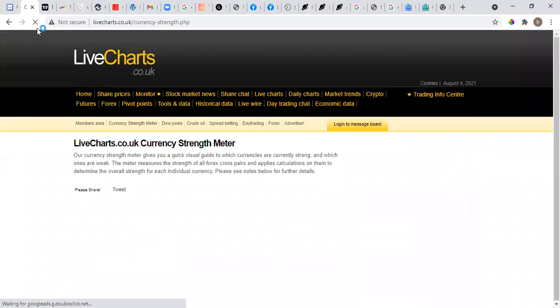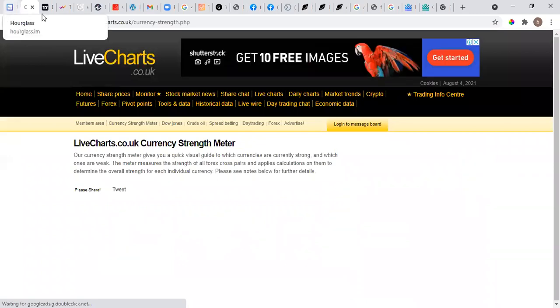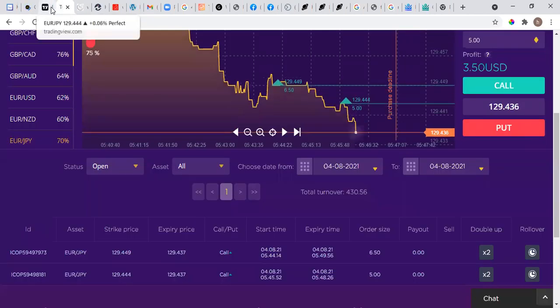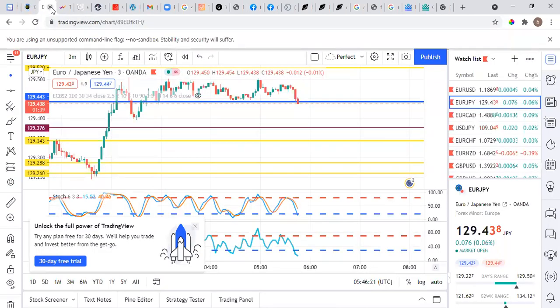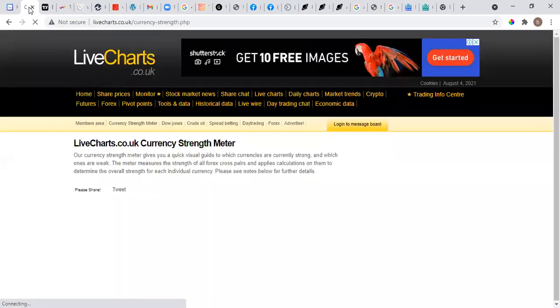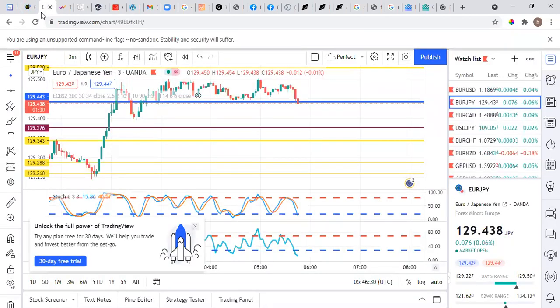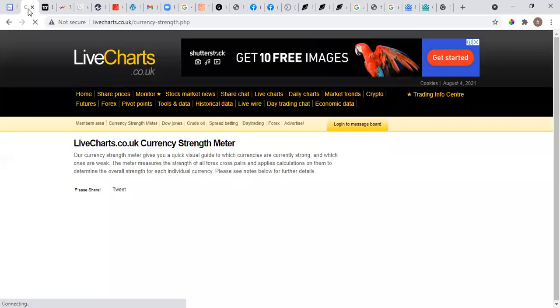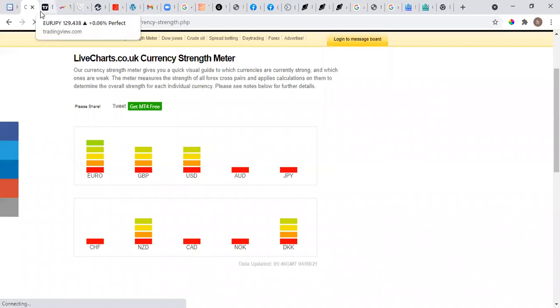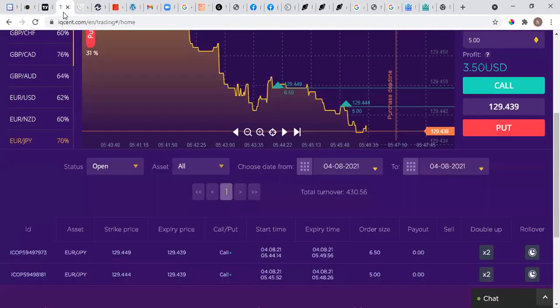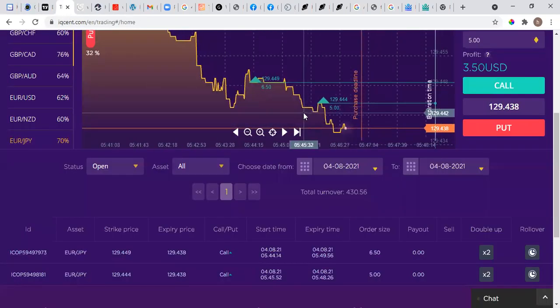The euro is stronger than JPY, way stronger. If you need to roll over, just click roll over one more time.